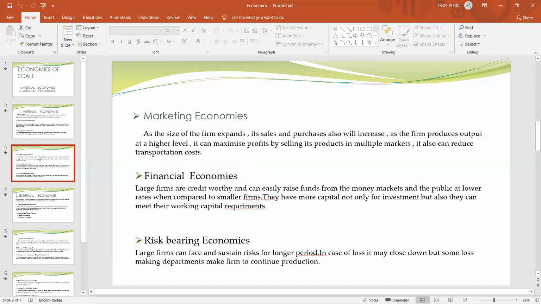Then, financial economies. Large firms are credit worthy and they can easily raise funds from the money market and the public at lower rates.